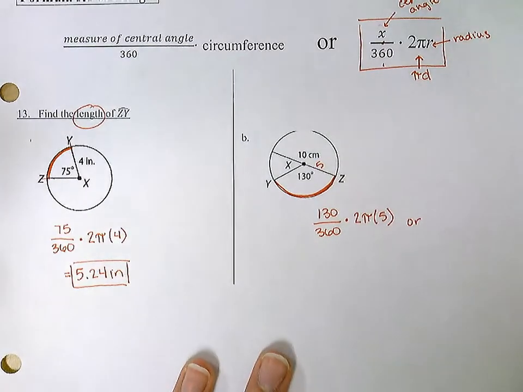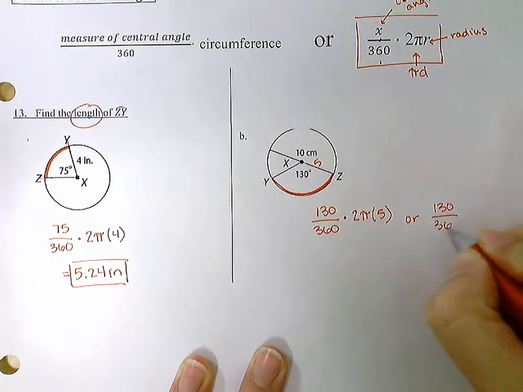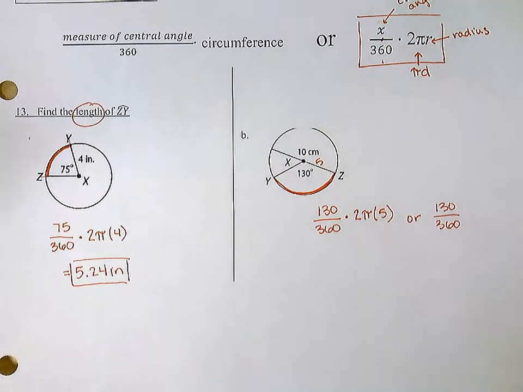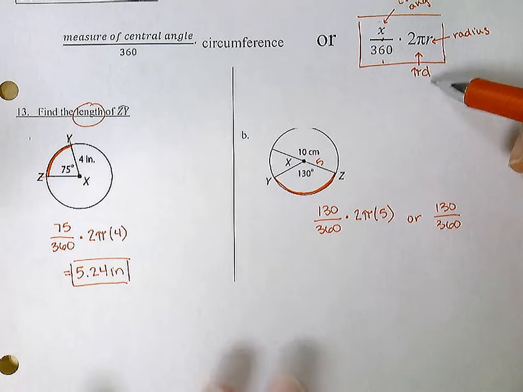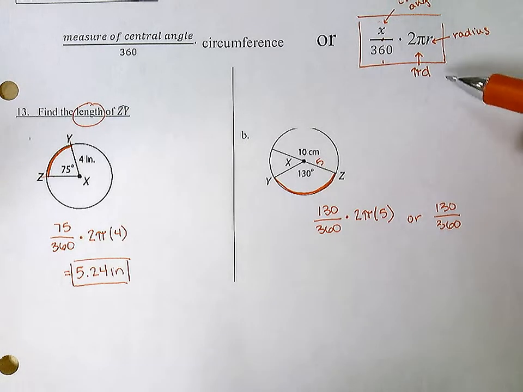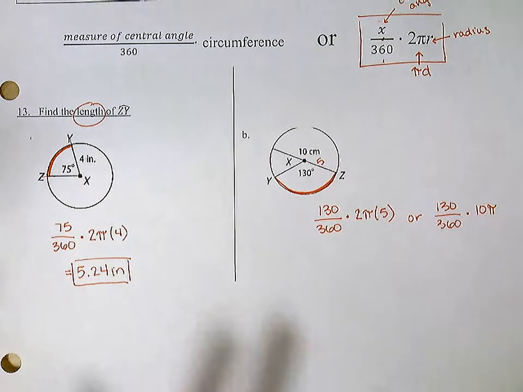Or I can still have my 130 over 360, same central angle, but instead of using 2 pi r, I can use pi times diameter because I'm given the diameter. So I can just multiply by 10 times pi. Same thing.